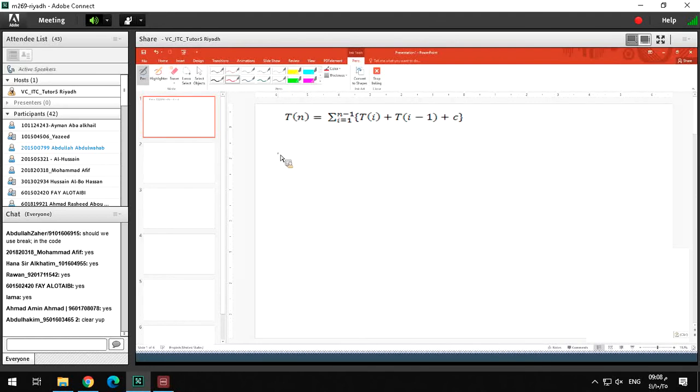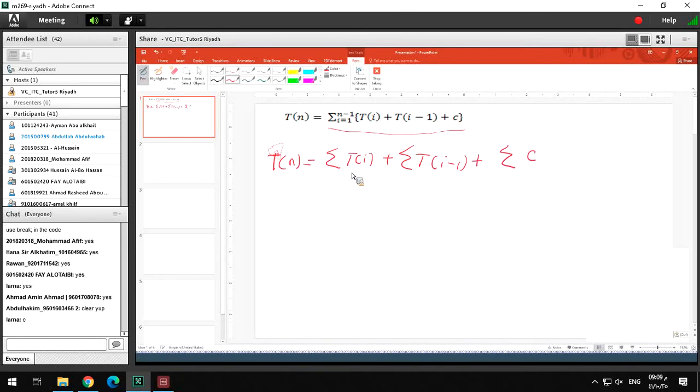So the Tn equals, since you have the summation for all the values here, the summation of Ti plus summation of Ti minus 1 plus summation of C, for all values i equal 1 to n minus 1.